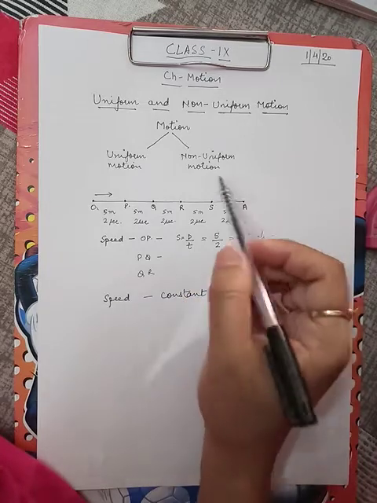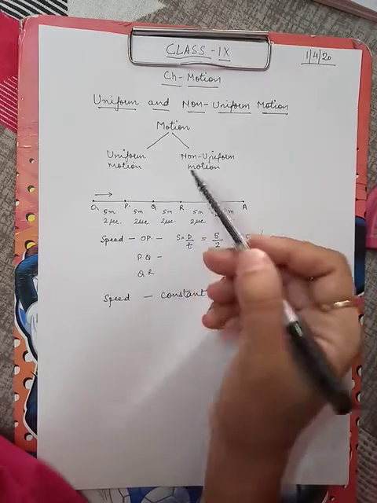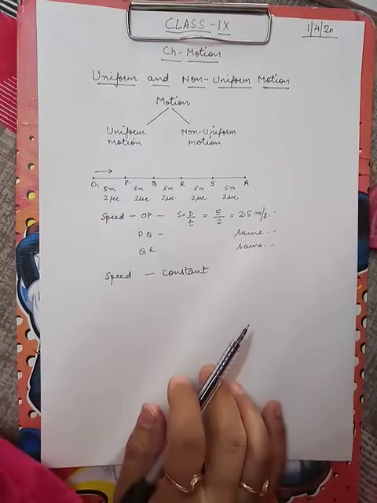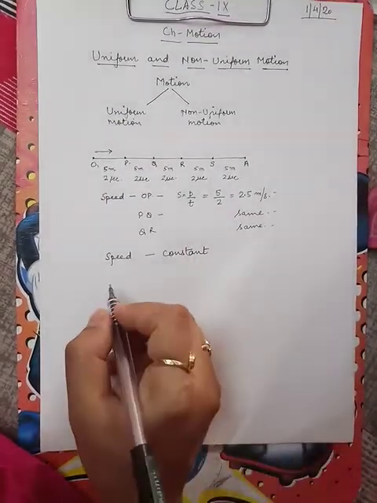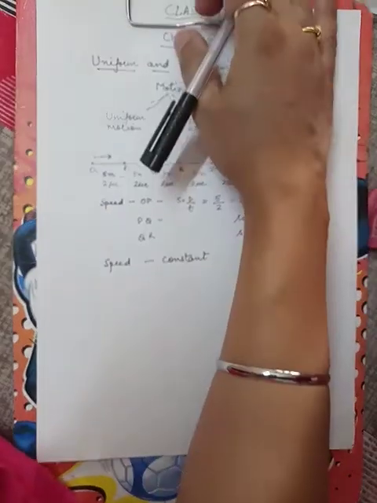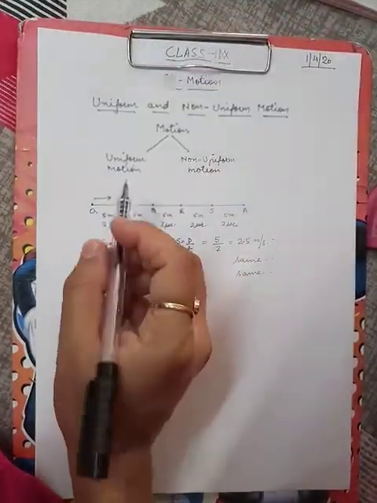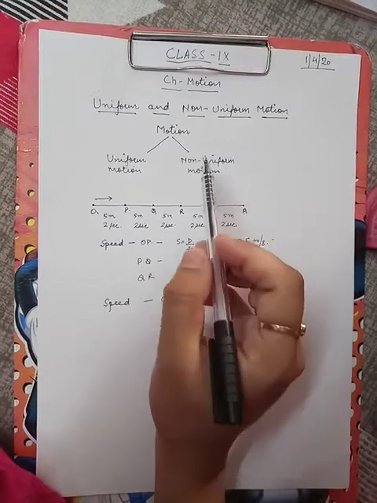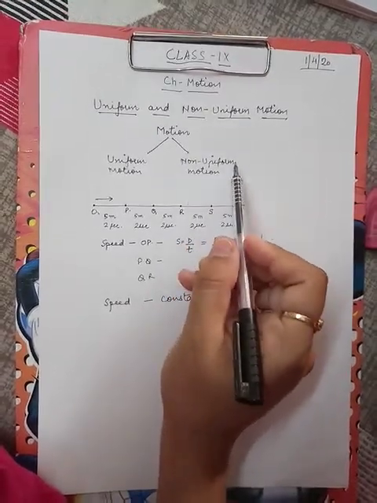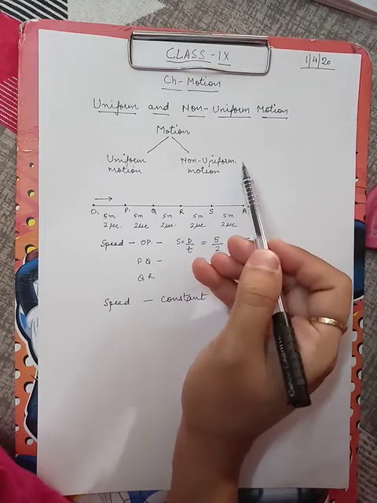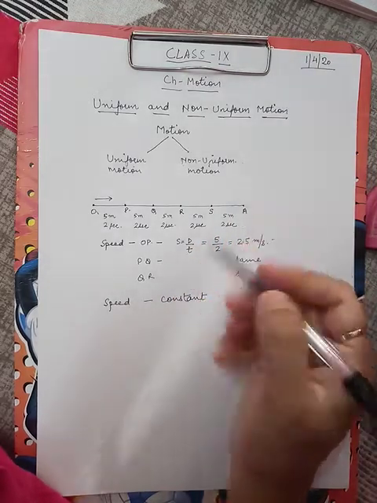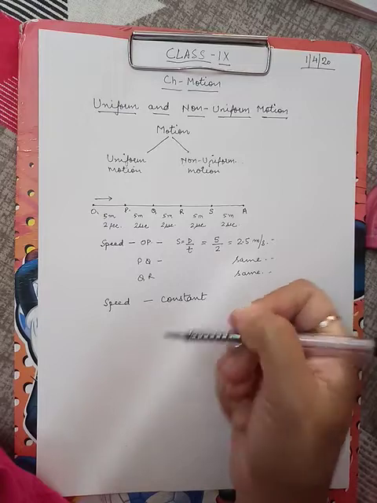Now what is non-uniform motion? In other words, we can have a similar example. Suppose I will write down over here itself just to have better understanding. In the case of non-uniform motion, non-uniform means something is not same. So what is not same? In this case, the speed will not be same or not be constant.